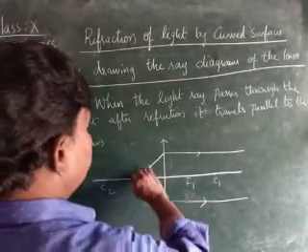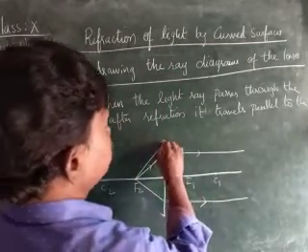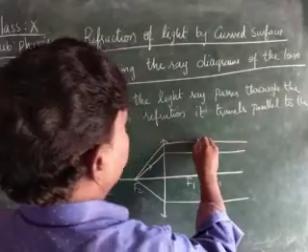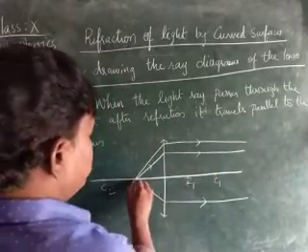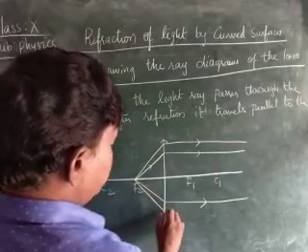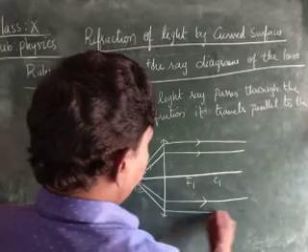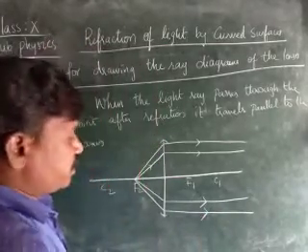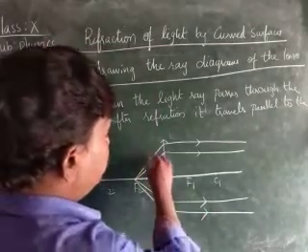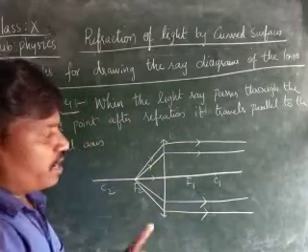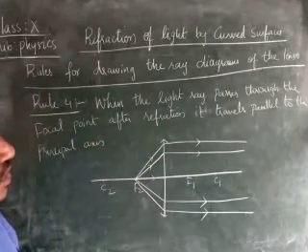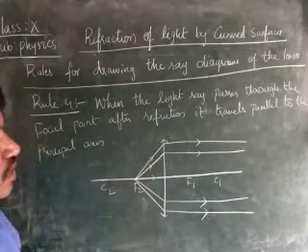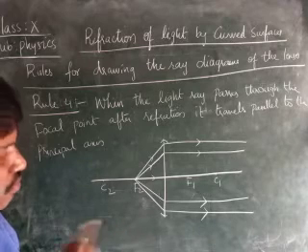First rule is that when a light ray passes through the principal axis, it is undeviated. Second rule is that when the light ray passes through the optic center, it is undeviated. And when the light ray travels parallel to the principal axis, after refraction it converges at a point which is called the focal point.